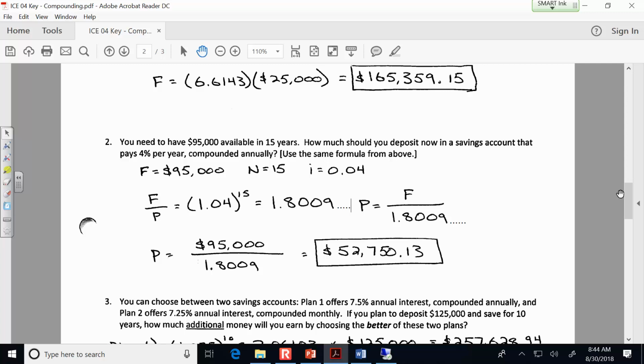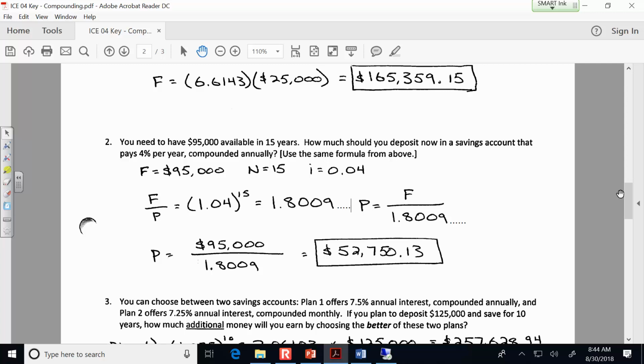Or the second approach to finding the plan 2 amount is to take this annual interest and find out how much interest that is per month, since it's the monthly compounding period. So that would be 0.0725 divided by 12. That's your interest rate per period. And once you know that interest rate per period, then n would be 120.